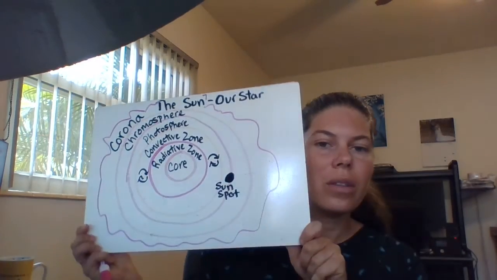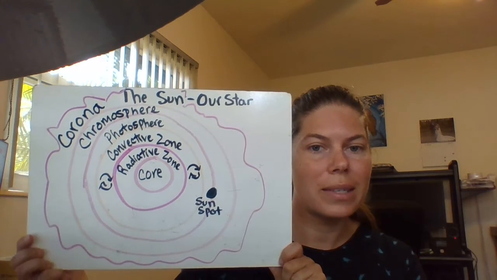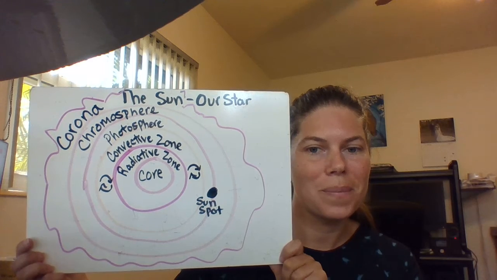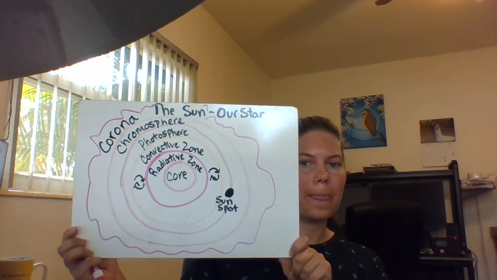And the corona is where we get those solar flares and prominences. And I'm going to show you what the difference between those two things are in just a second. And you can always pause this video when I hold up the board in case you need to see it for a little while longer.